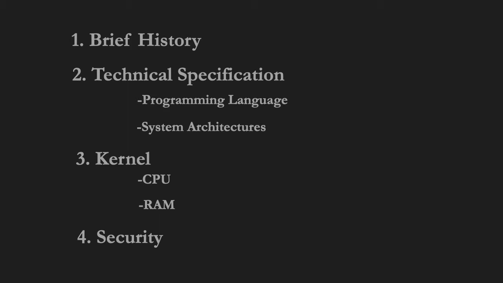In this part, I'm going to discuss two important key topics. First is the programming language of the Symbian operating system, and what are those programming languages that are supported by the Symbian. And then the second is the system architecture, which will be the blueprint of the Symbian OS.